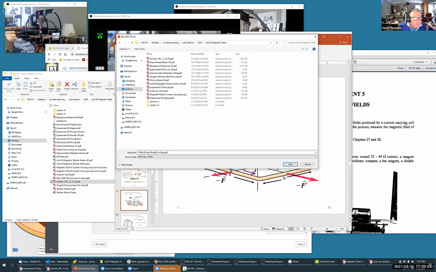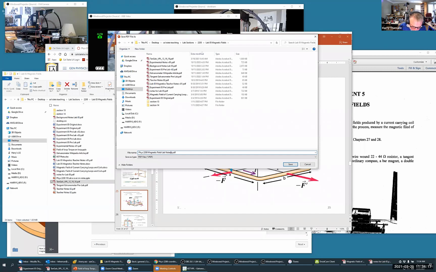Magnetic fields. It's more than just a torque on a loop. So this is Phys 2200 magnetic field lab notes.